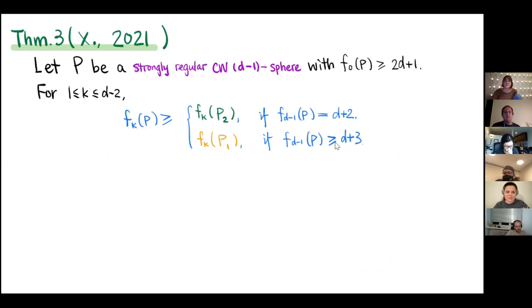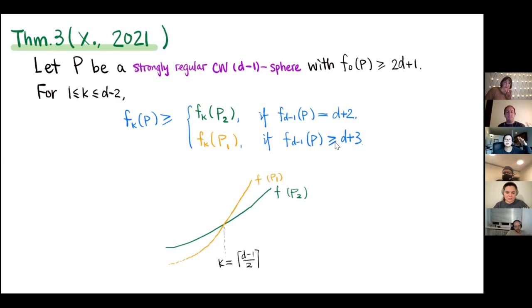We're able to show, also for spheres, not just polytopes, that if your vertex number is at least 2d plus 1, then if your facet number is exactly d plus 2, P2 gives you the bound. If your facet number is greater than or equal to d plus 3, then P1 gives you the bound. If you compare the F vectors of P1 and P2, P1 is lower in the first half, and P2 is lower in the second half.